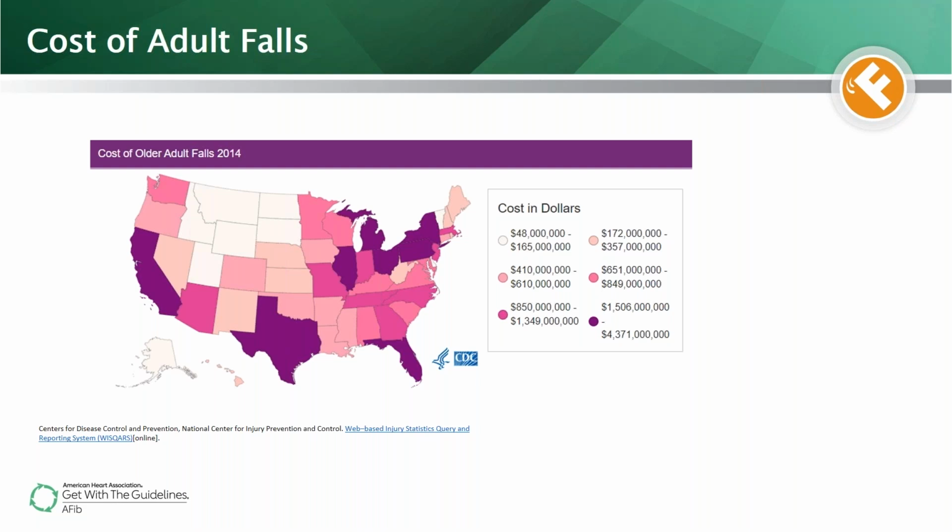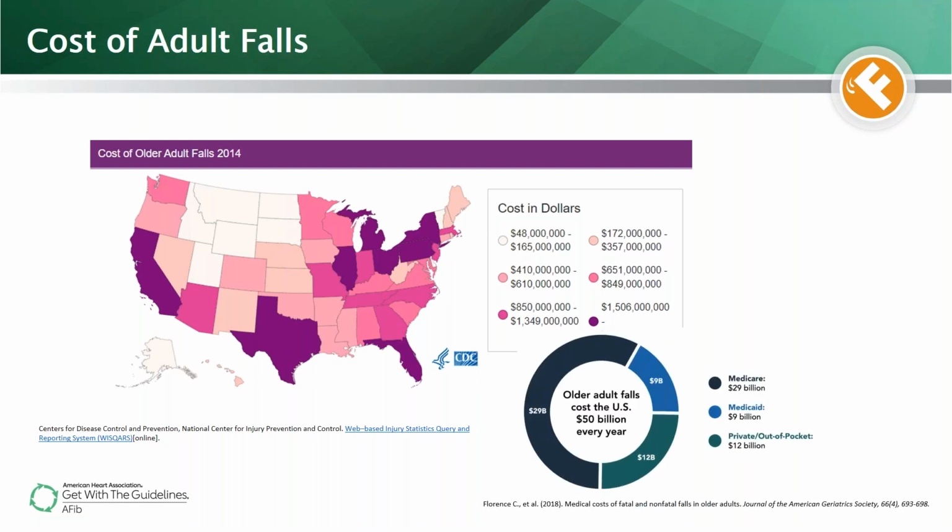The average hospitalization cost is about $30,000 per fall, and it's a common cause of readmission. This equates to an overall estimated $50 billion spent per year, with 75% of these costs being from government-funded programs.